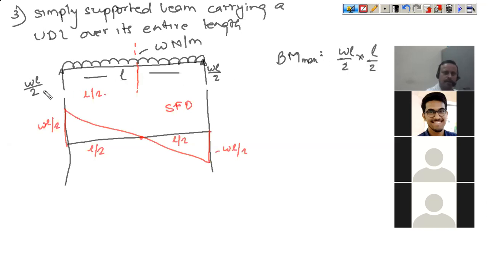This is the moment produced by this reaction about this point. Now this is clockwise in nature. Now there is some moment which is being produced by this half UDL also, which is lying to the left of the point where you need to find out.